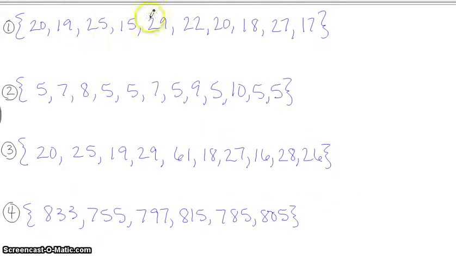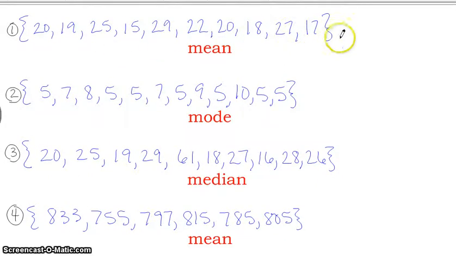So if we look at these lists, we have to decide which of those measures of central tendency is most appropriate. This one is roughly 20-something numbers, so mean is more appropriate there. Because we have this mode of 5, this list is most appropriately described by mode.